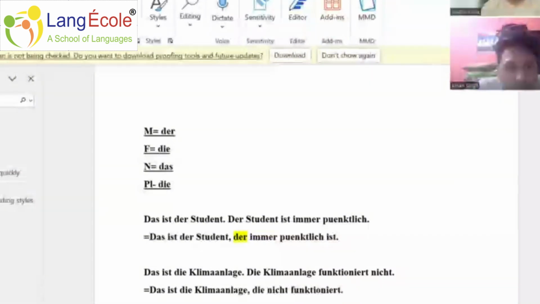Einsatz is basically for his work. Now, for exact meaning of Einsatz, you can say for his commitment, whatever he has promised, or for his mission, whatever is the work, the assigned work that he has.